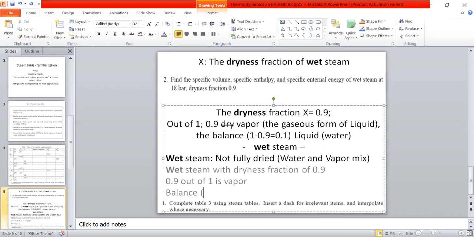The balance, that is 1 minus 0.9, again out of 1, is liquid.